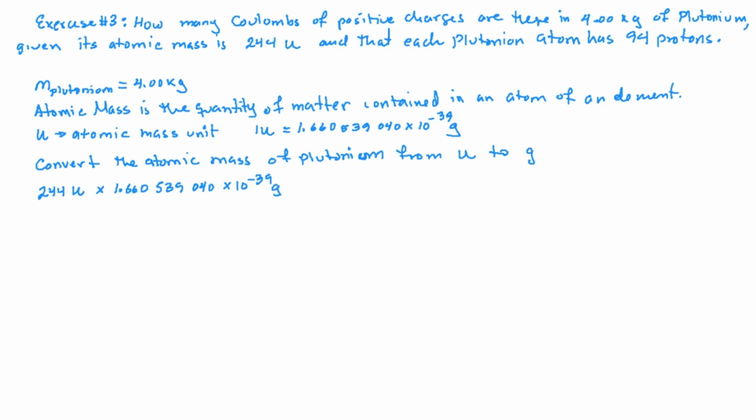Like that, we cancel out the atomic mass unit, and we get that the mass of the atom of plutonium in grams would be 405.17 times 10 to the negative 24.